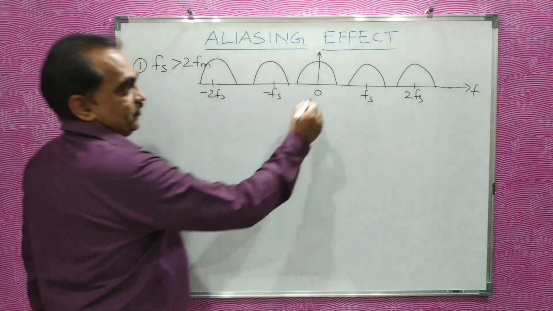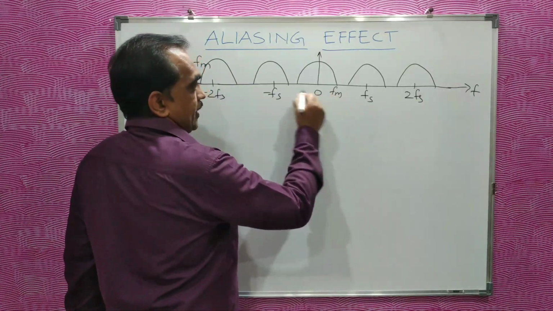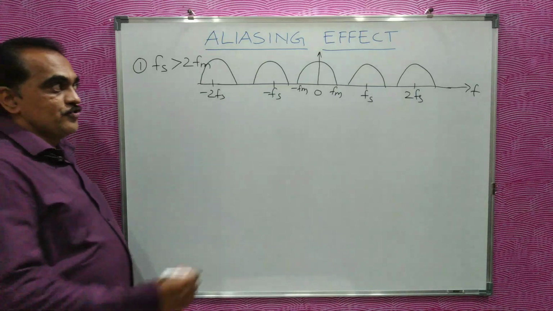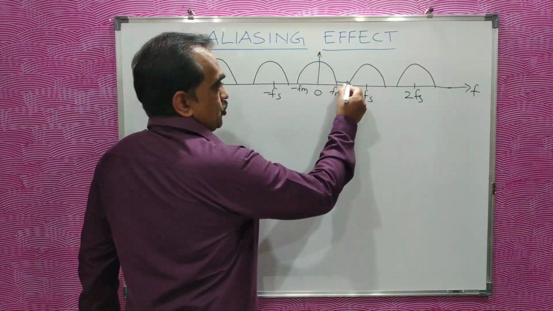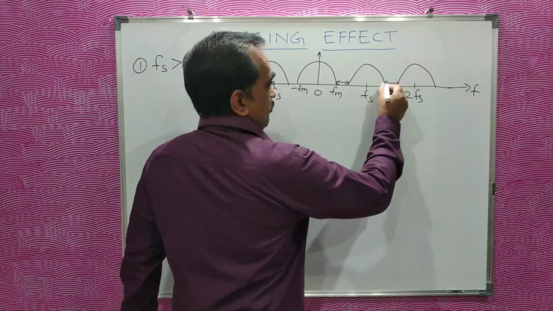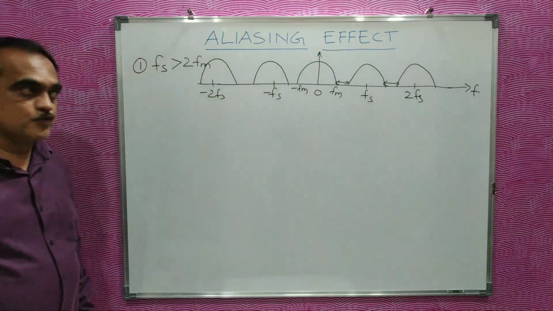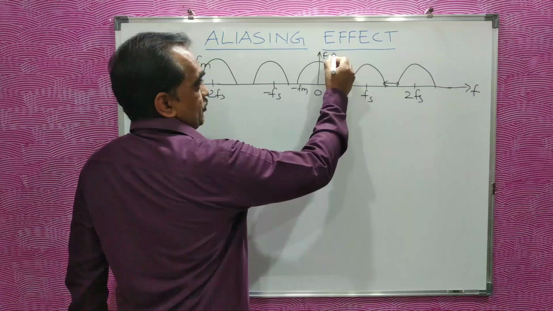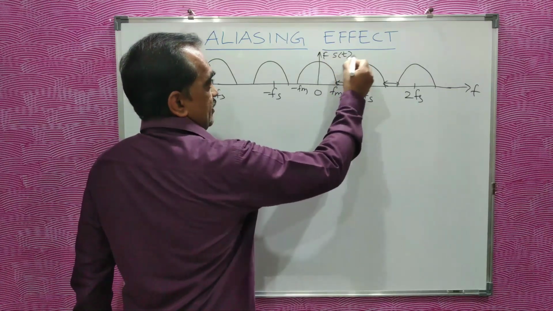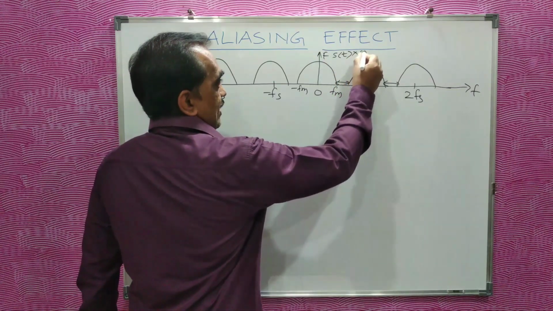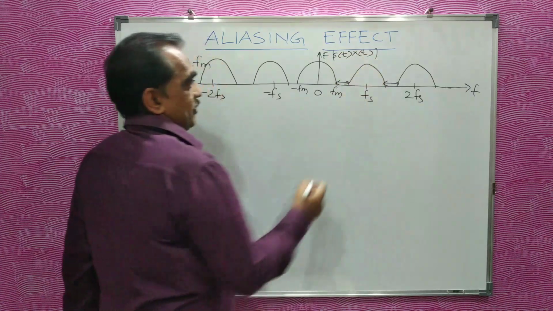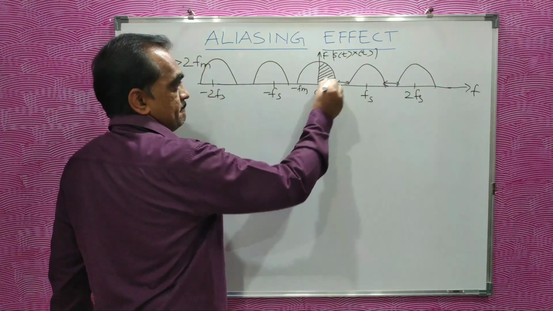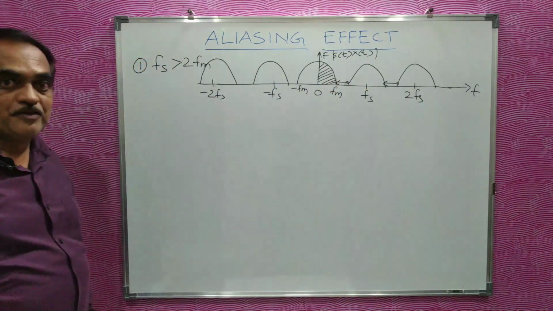Here this is 0 to Fm and this is 0 to minus Fm. So there was a gap between the frequency spectrum of adjacent pulses. This was the frequency spectrum of the pulse train multiplied by the analog signal spectrum, and here your original signal is placed from 0 to Fm.